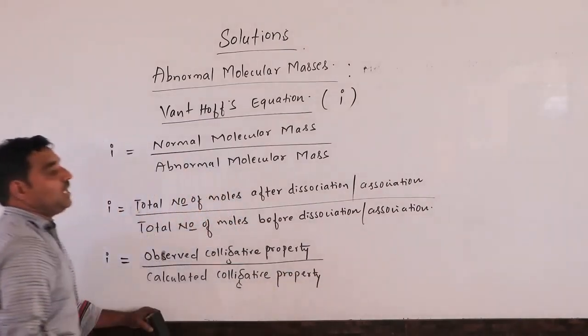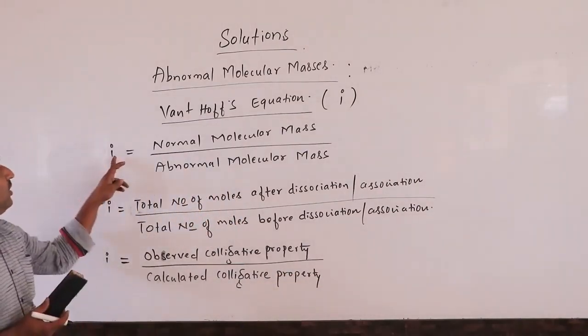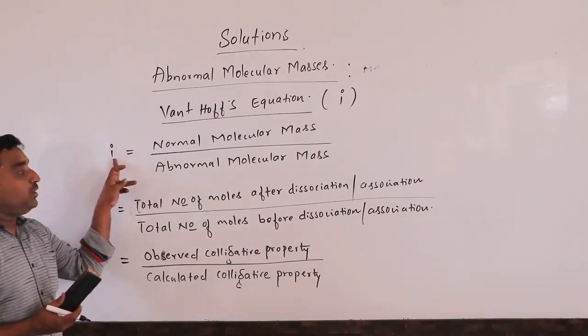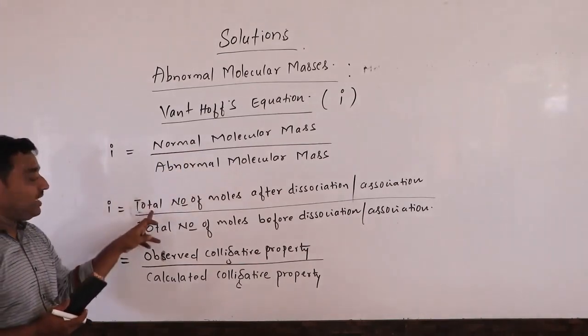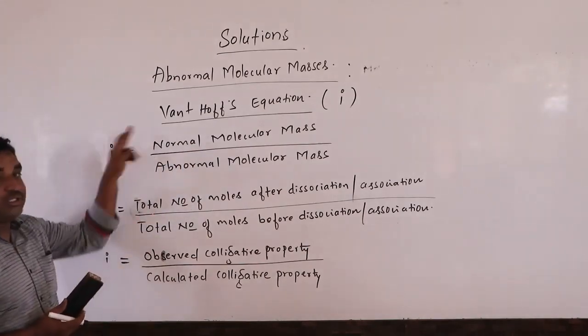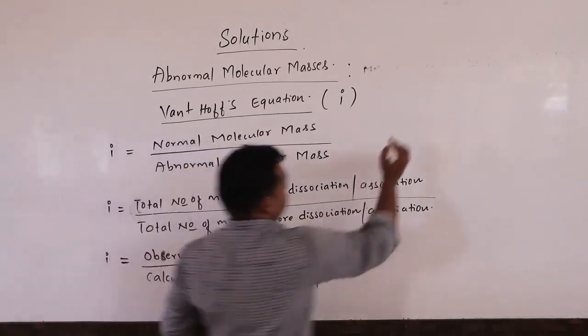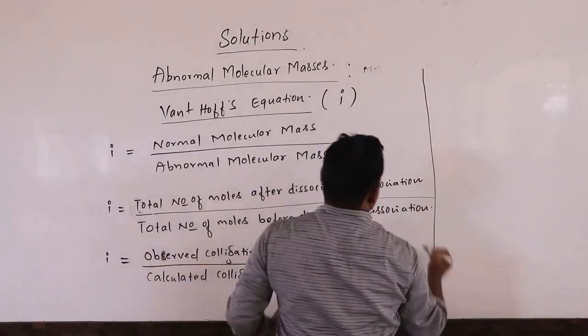Yes, these are all the same. You can write the definition of the van't Hoff factor as the ratio of normal molecular mass to abnormal molecular mass, or you can write this one, or this one. Using this you can calculate the extent of dissociation or association.